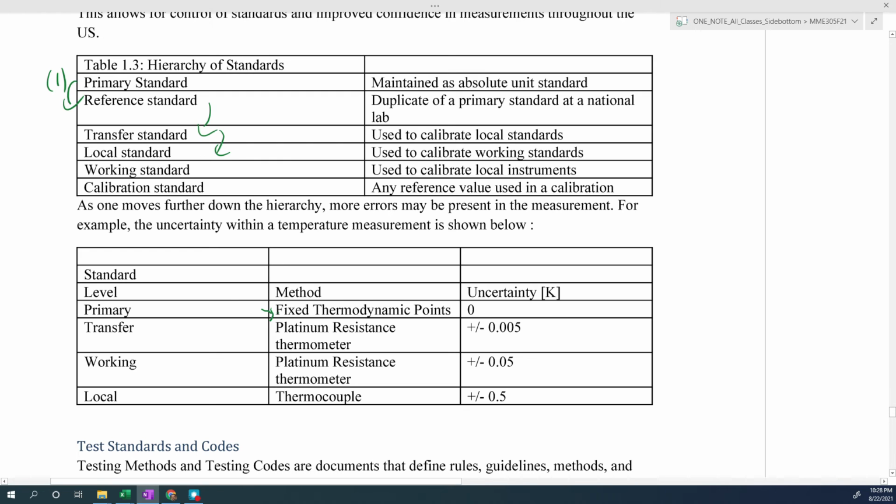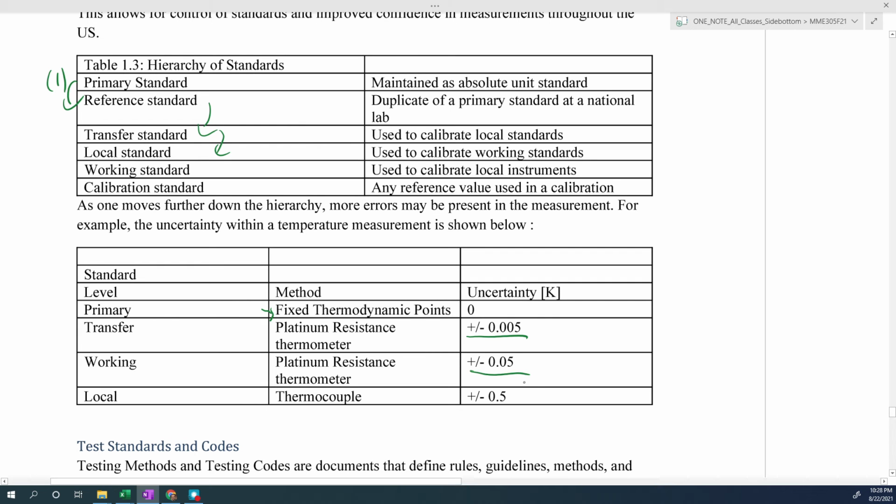A transfer standard would be like a specific platinum resistance thermometer that might have a standard uncertainty of 0.005 Kelvin. A working standard would be another platinum resistance thermometer that was calibrated based off of that transfer standard.